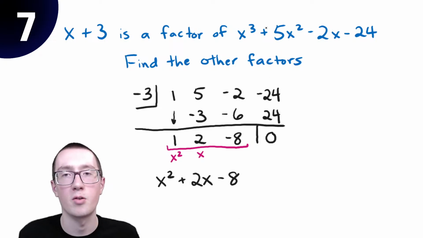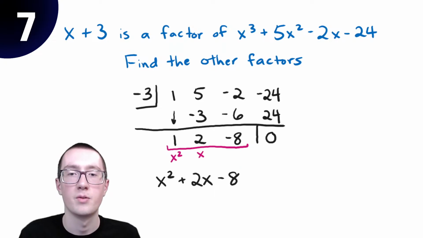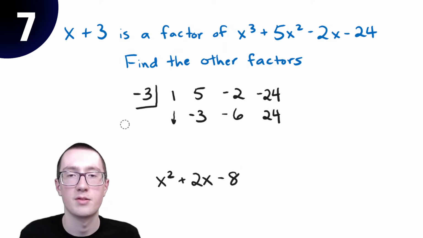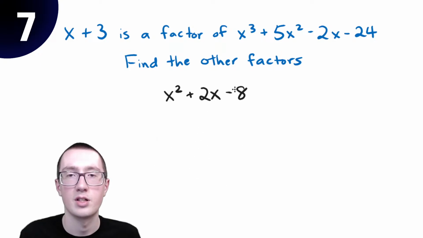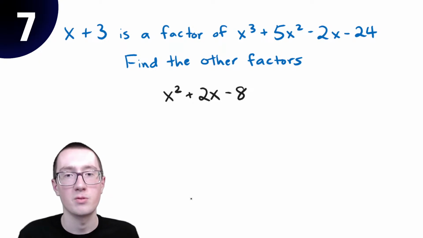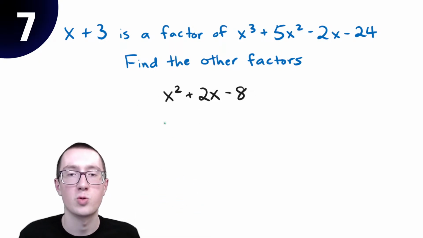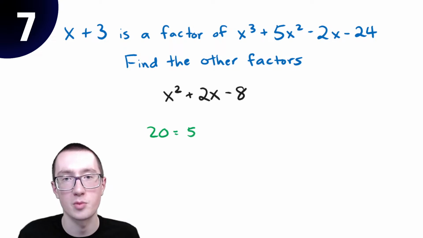So we've divided out this big cubic equation by x plus 3. So what does this tell us? Well, this tells us that if we multiply x plus 3 times this, then we get this. So this is our other factor. But let's go back to our example of 20 being 5 times 4.